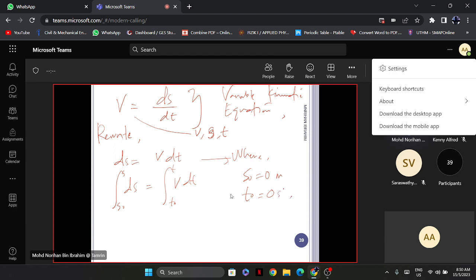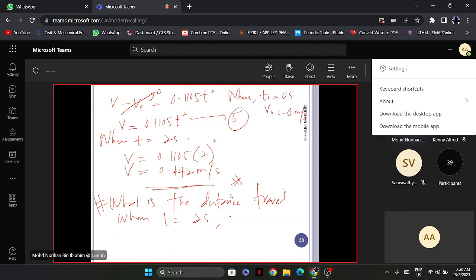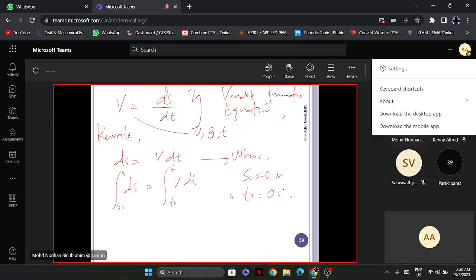So what we need to do is substitute equation 5 into the above equation.